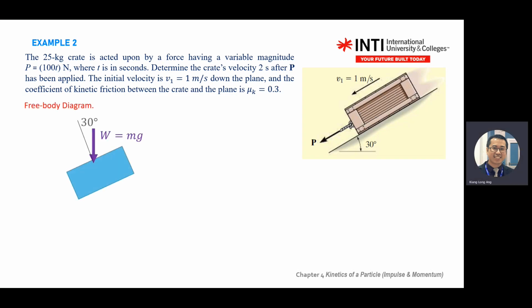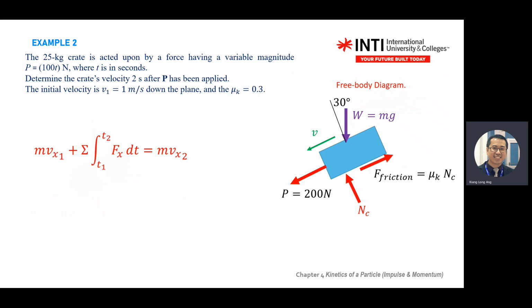Free body diagram, you have W, you have NC, you have P and velocity. Recall the equation of linear impulse and momentum. Just now, I already mentioned you need to break into X and Y direction. What is MVX?